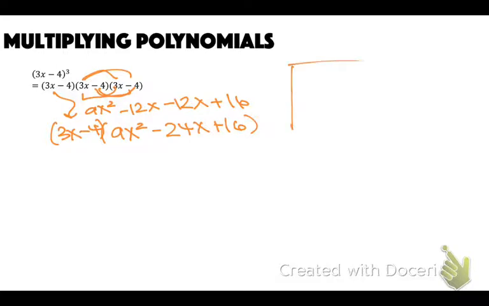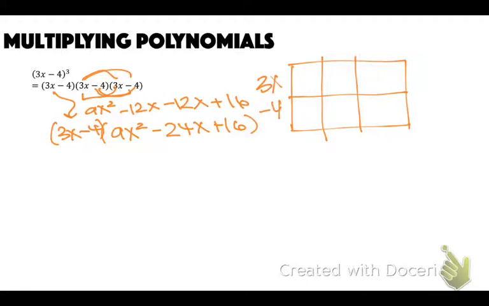Okay, and then let's use a box here. Oh, wait. So we have 3x minus 4, 9x squared minus 24x plus 16. 3x times 9x squared is 27x cubed. 3x times 24 is 72x. 3x times 16 is 48x. 9x squared times negative 4 is negative 36x squared.